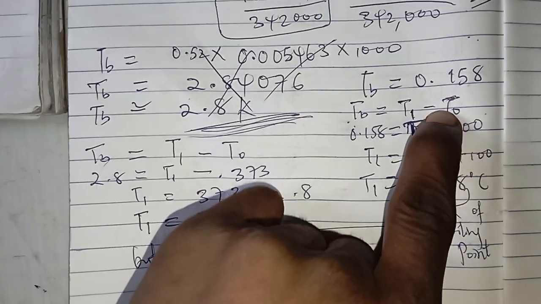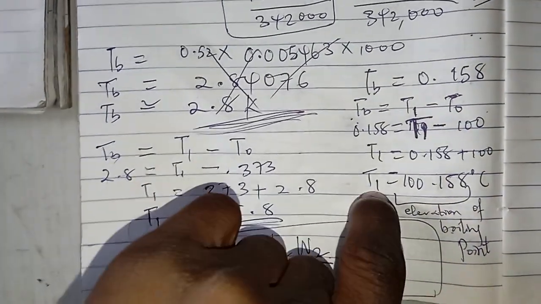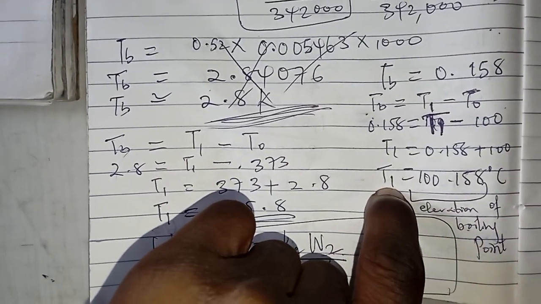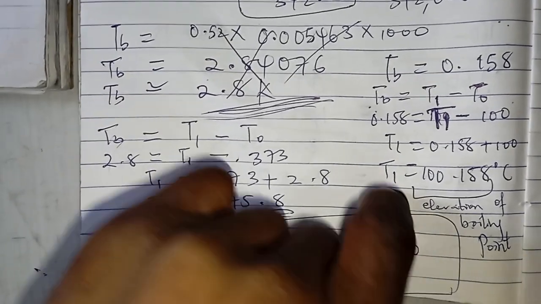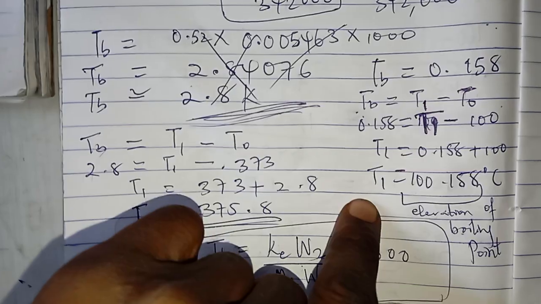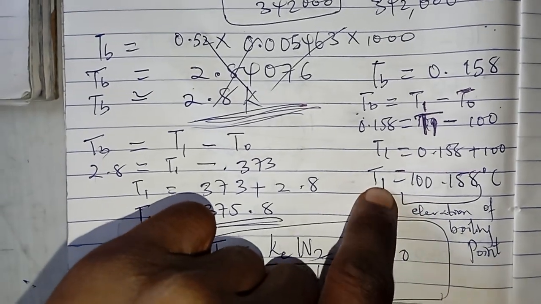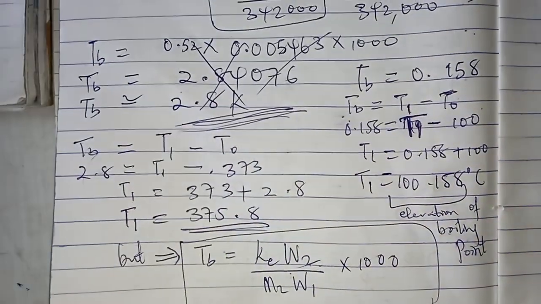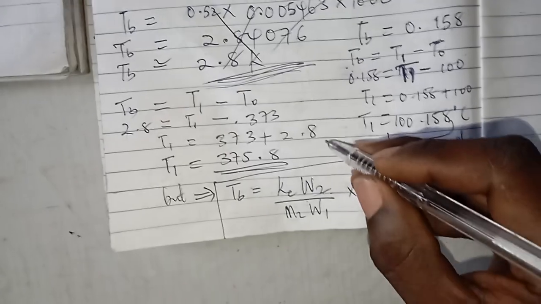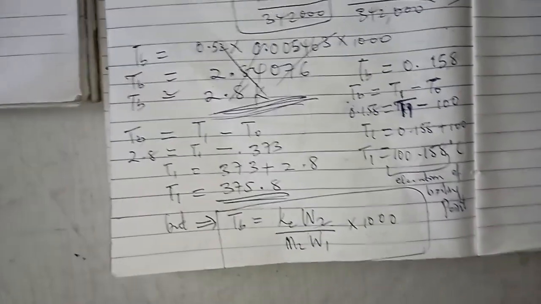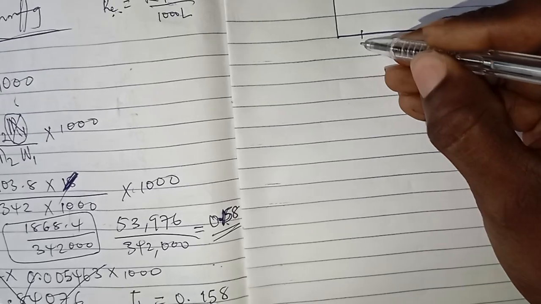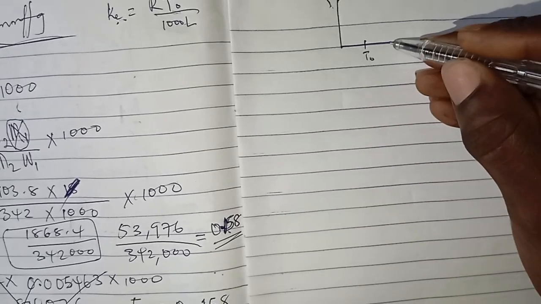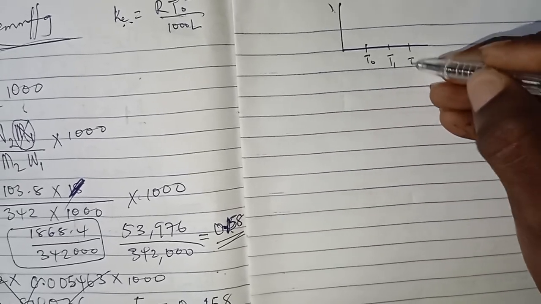So it increased from T0 to T1. Remember our graph, we have T0, T1, T2.